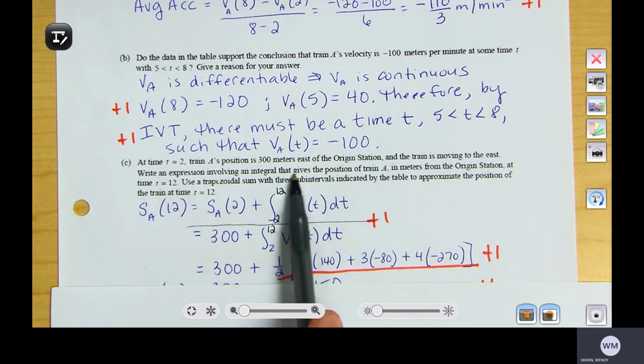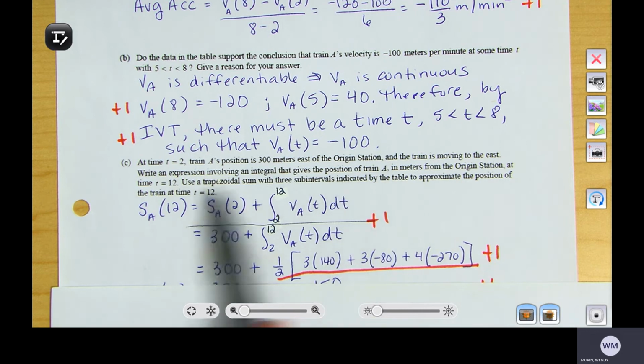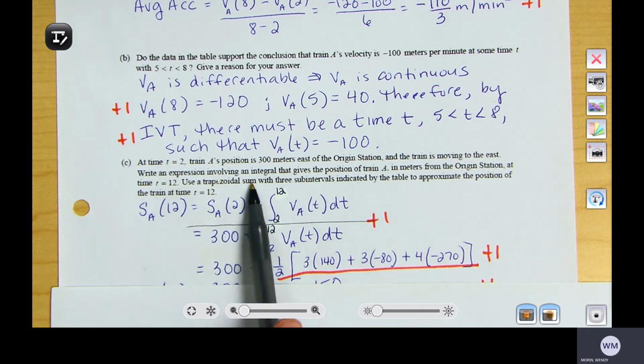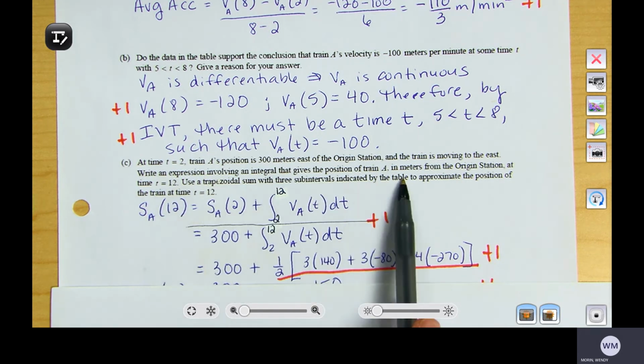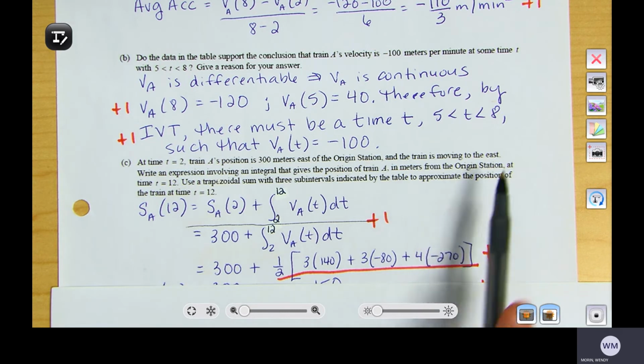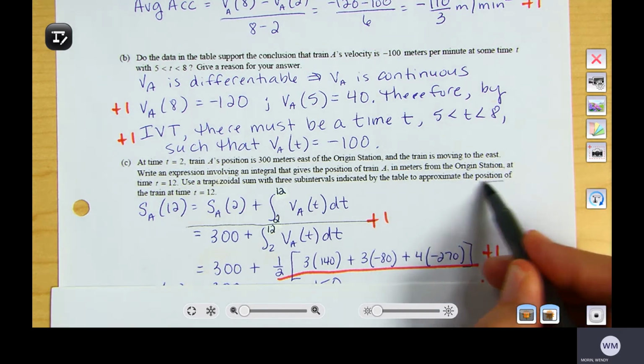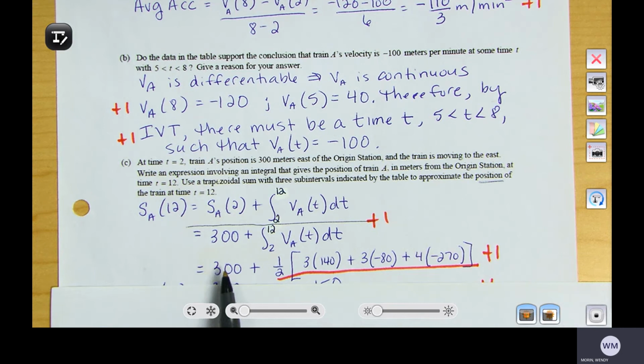Write an expression involving the integral in meters at t times t. Use the trapezoidal sum with 3 subintervals to approximate the position. So if you don't use your initial condition, you're going to be 300 meters off.